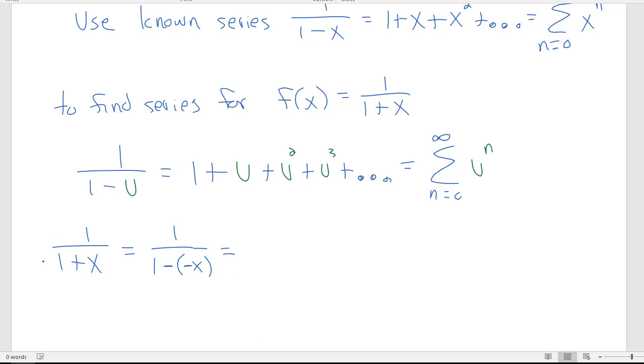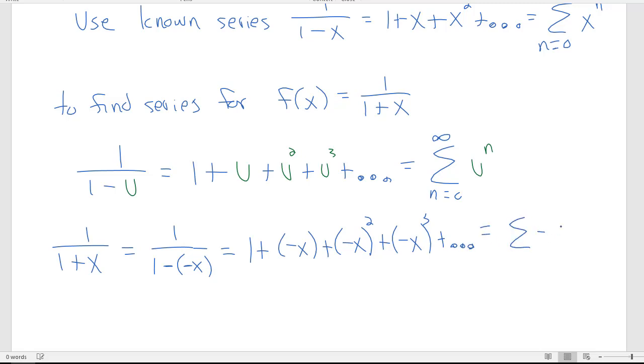So by taking my function I'm interested in, 1 over 1 plus x, and writing it in the form of my known series, the negative x plays the role of my u. So everywhere I have a u, I'm replacing it with negative x, kind of like a u substitution in a way. So I have 1 plus negative x plus negative x squared plus negative x cubed, so on and so forth.